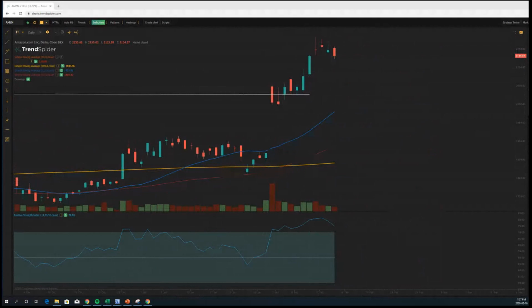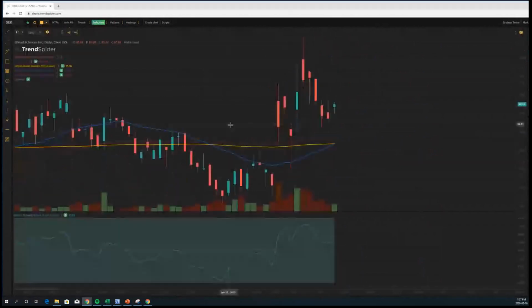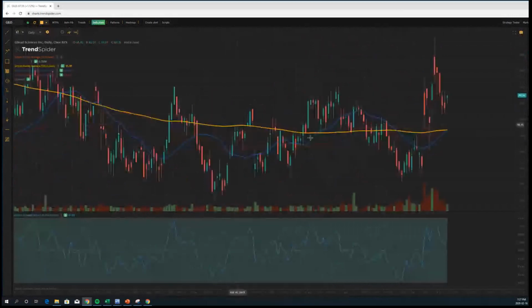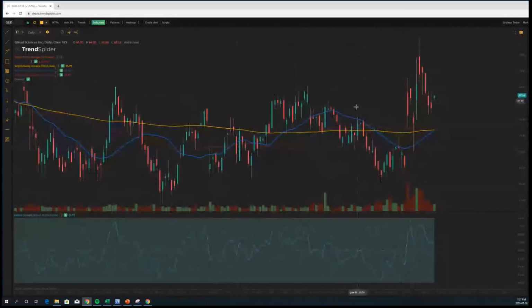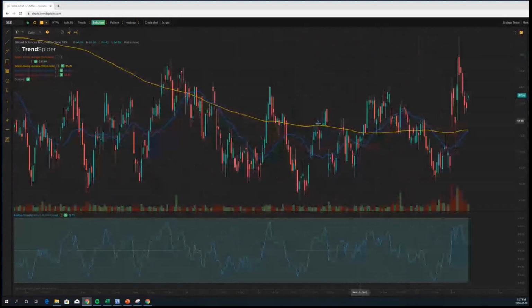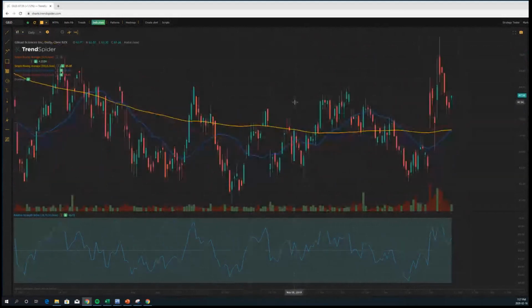Any other big names? Gilead, GILD. Yeah, that's a pharma. Yeah, so you can see how choppy these names are. I mean, that's not that choppy, but it's pretty choppy. And with as tight as I like to put my stop losses, I find it tough to trade these names because of how fast they chop around.